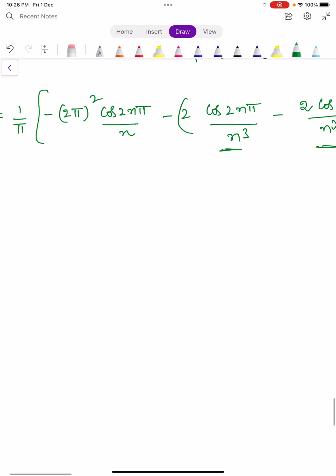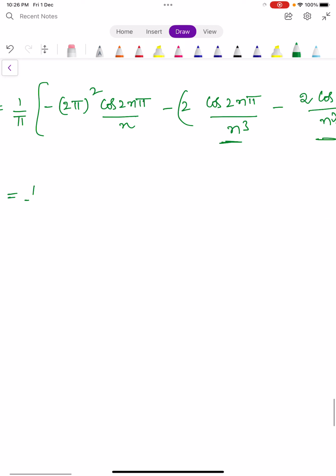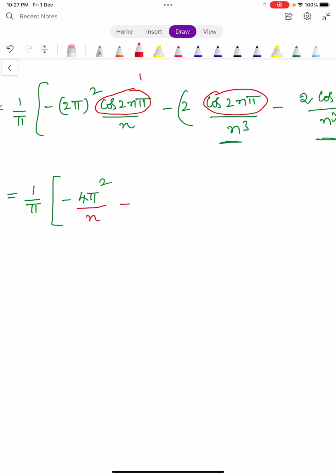Now simplify again. The next step equals 1 by pi times minus 4 pi square. Cos 2n pi is equal to 1, so we get 4 pi square by n, minus 2 by n cube, since cos 2n pi is 1.